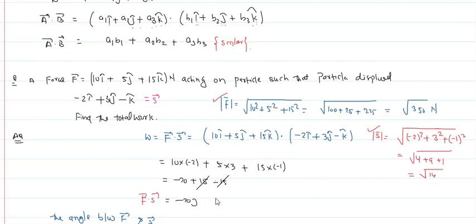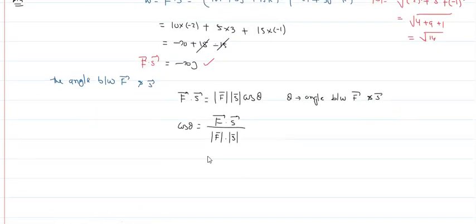So I have f dot s also, so I can calculate the angle between f and s. You just put the values. So cos theta is equal to f dot s, which is minus 20, divided by the magnitude of f, which is root 350, and the magnitude of s, which is root 14.